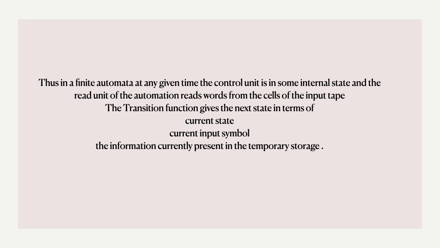If we ask how the FSM processes, here we need a simple input, then we have a read unit, then a control unit, and then state changes, and whatever the state change is, the current state and current input symbol and the information are always stored in your temporary storage.